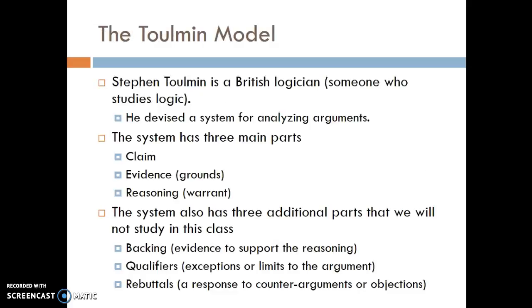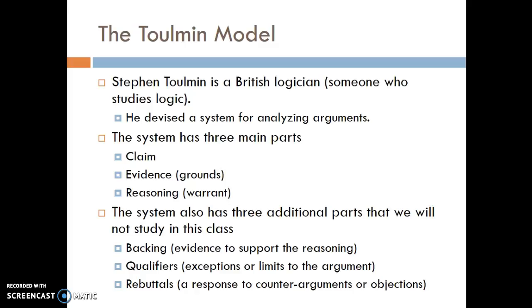A lot of argument discussions and research come back to Stephen Toulmin, who's a British logician, actually still alive, I think, working in Cambridge, Oxford. Basically what he did is he devised a system for analyzing arguments. The system has three main parts, which we're going to talk about today: the claim, the evidence or grounds, and the reasoning or warrant.